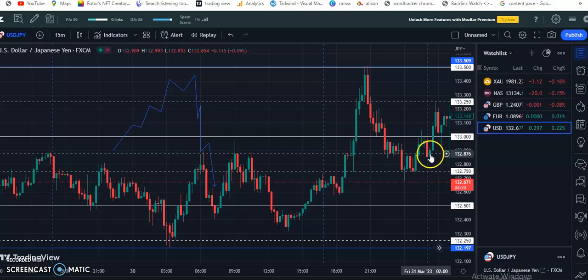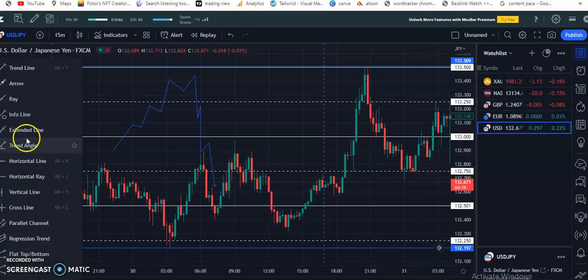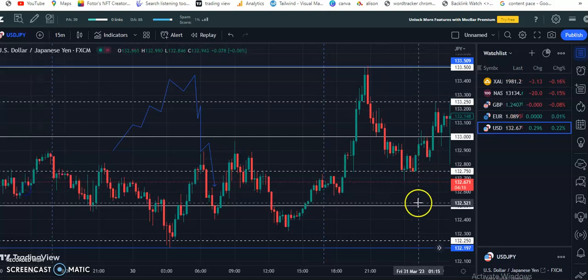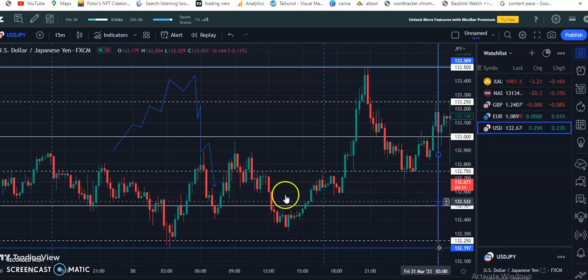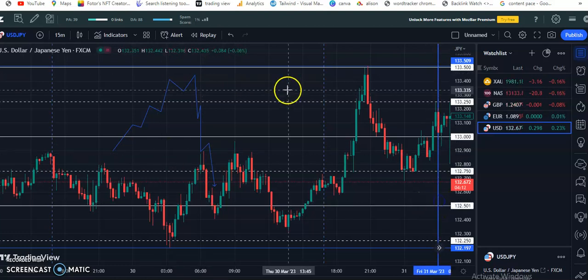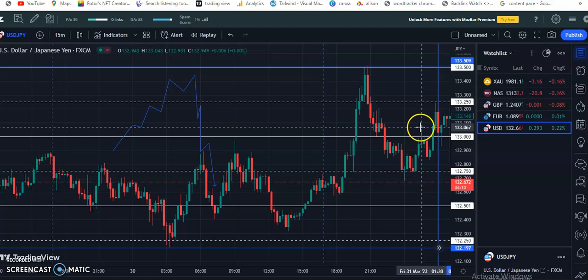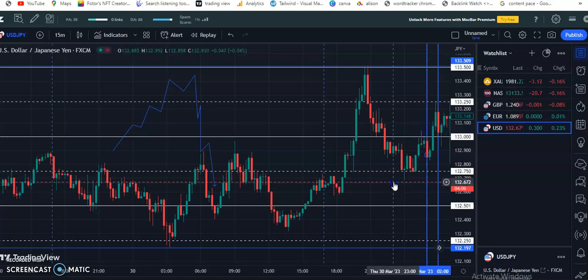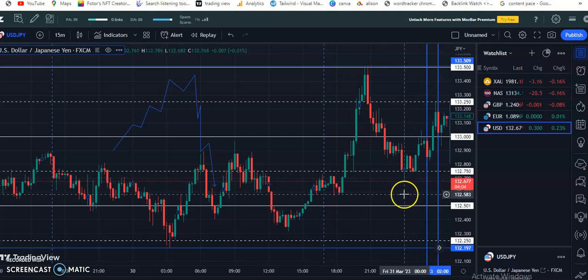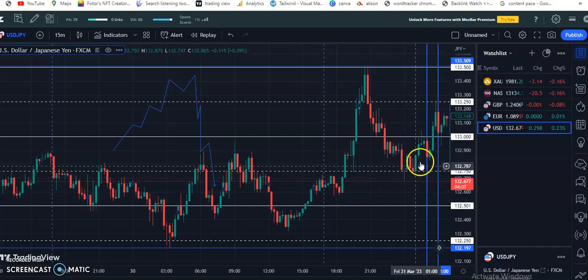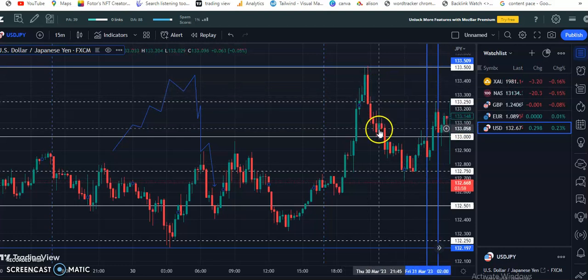Anyway, now we have our first hour during the London session. Now, in the first hour, we see a movement. Now, remember this. This is a broken down market.